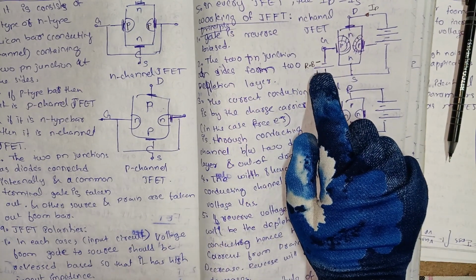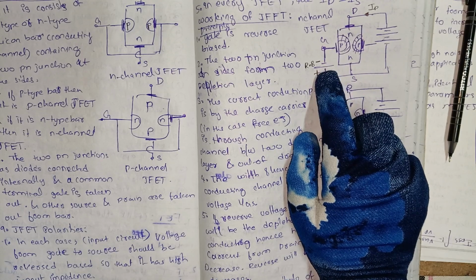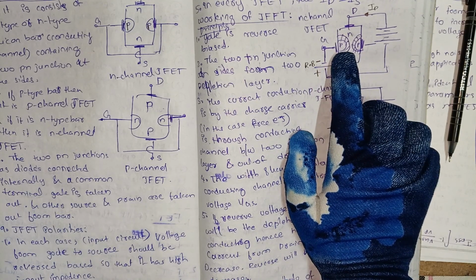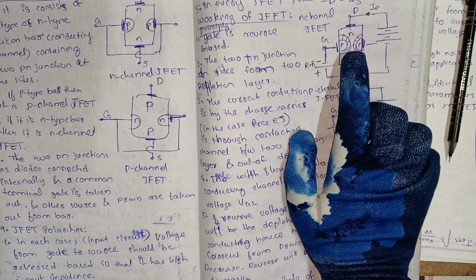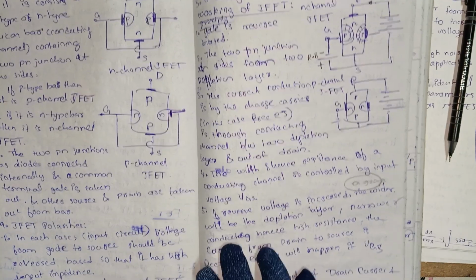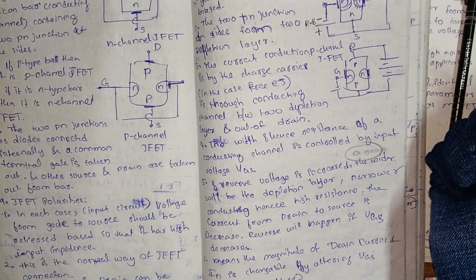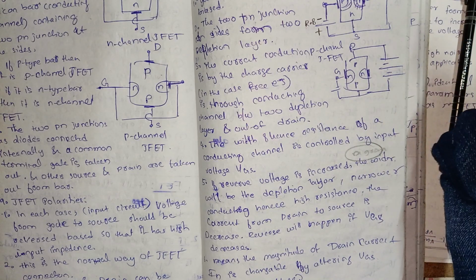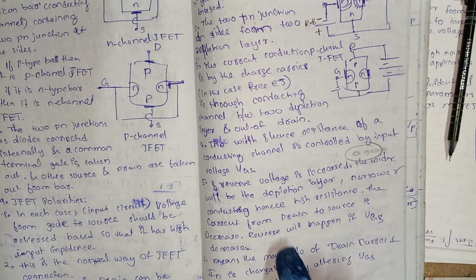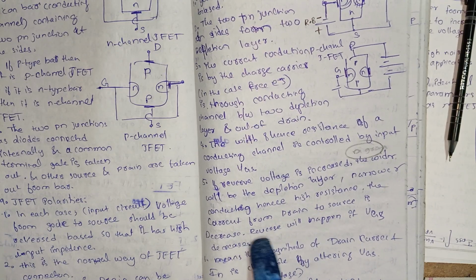If we increase VGS, then the depletion layer will increase, the conducting channel will decrease, and hence high resistance will be there, and the current from drain to source is decreased.